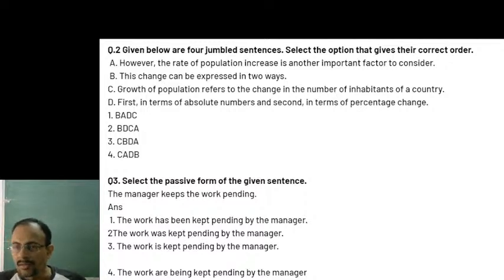Traditional GK means longest river, highest, you know, biggest country. These are all traditional GK, like abbreviations, like books and authors, like longest, largest, biggest, smallest, then abbreviations.